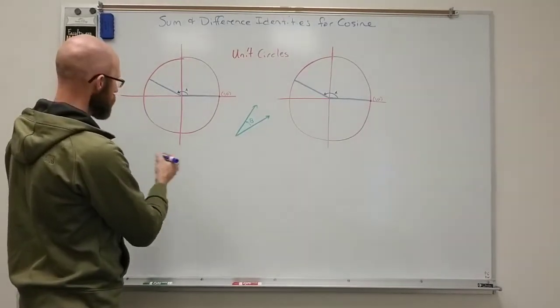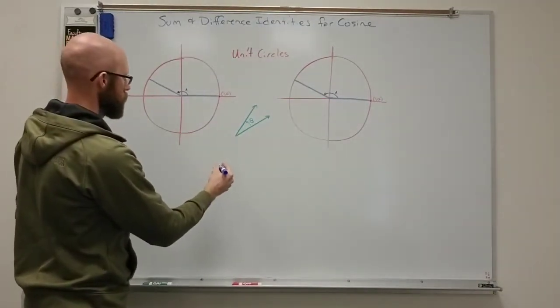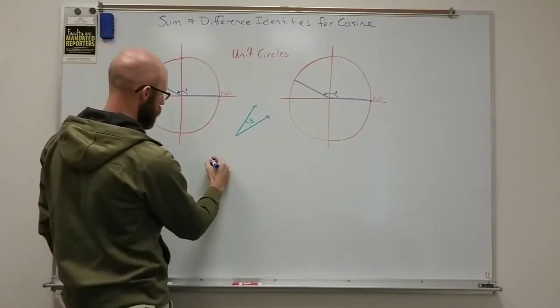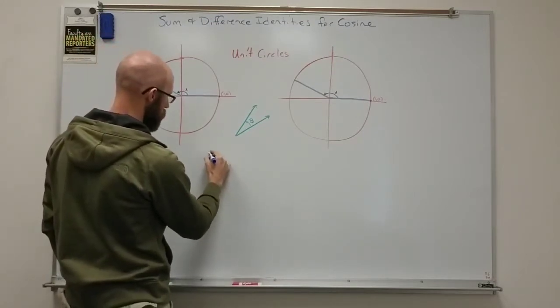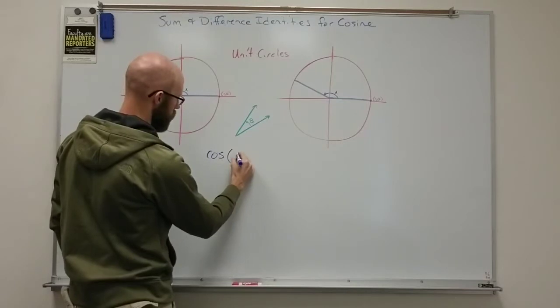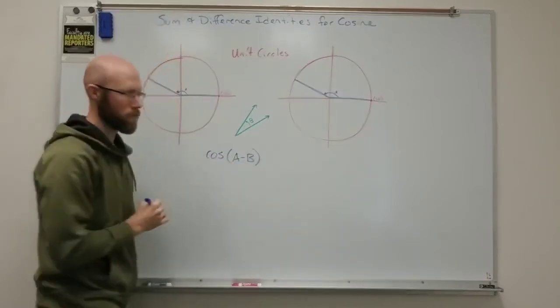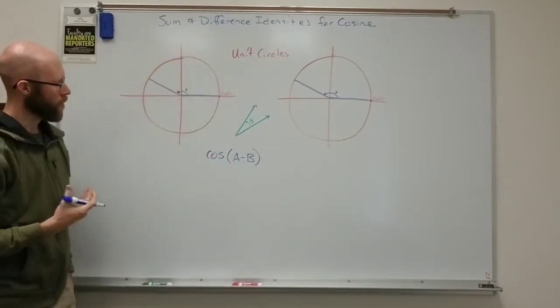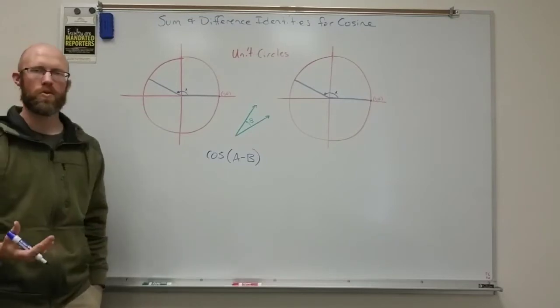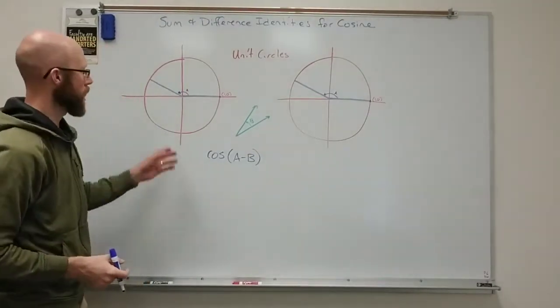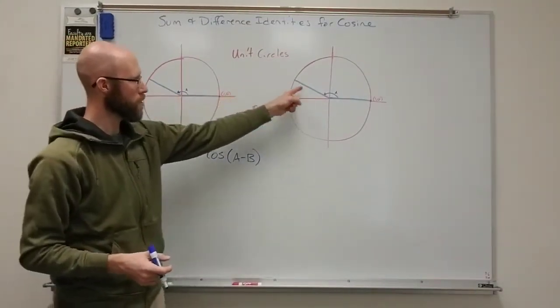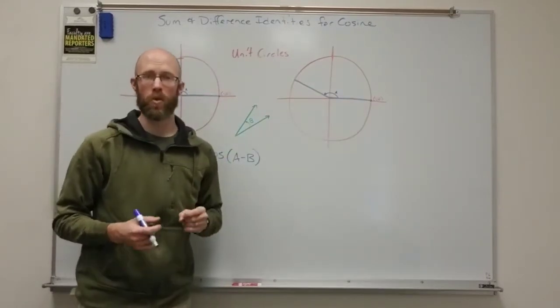So, let's see. So I'm looking for a formula then for the cosine of a minus b. That's what I'm looking for. Okay. Well, let's consider two scenarios. All right. I have an angle A positioned on two different unit circles.